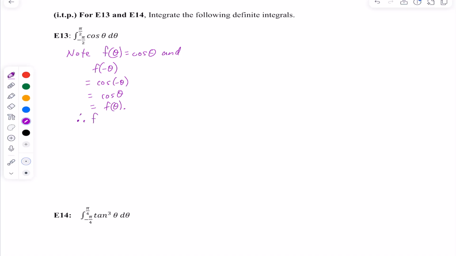Therefore, f of theta is even. That means we could actually take the original integral, use symmetry, and split this in half, but double the quantity. Double this quantity here.